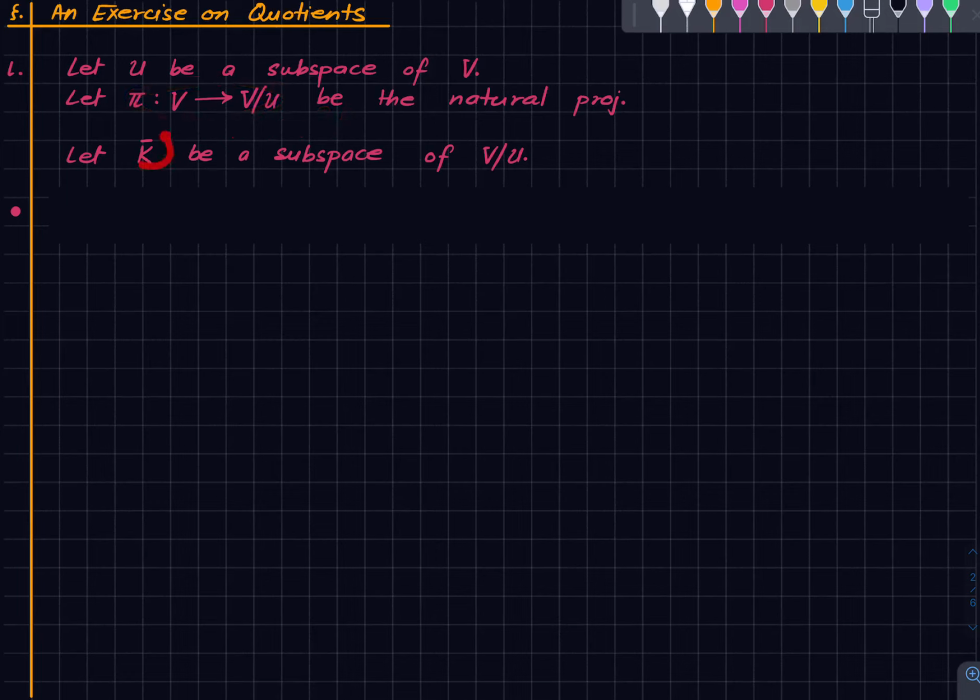And suppose we have a subspace K bar of the quotient space. We are writing a bar above K just to emphasize that this thing is a subspace of the quotient. It's not like K has its separate identity and then we operated something on K and obtained K bar. No. All I'm saying is that just fix a subspace of the quotient and directly call it K bar.